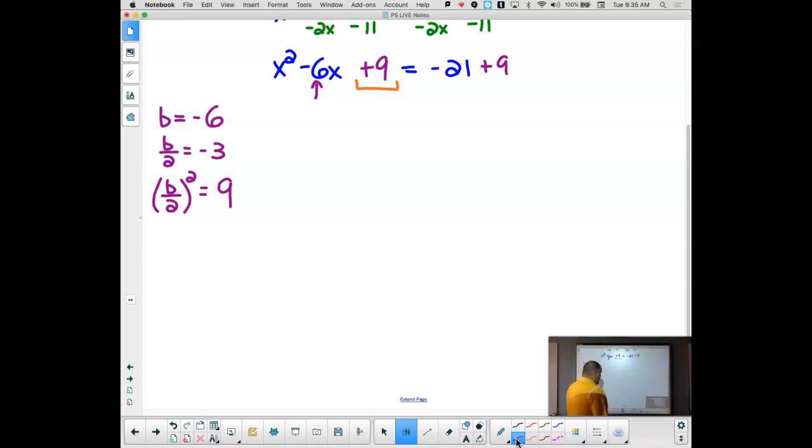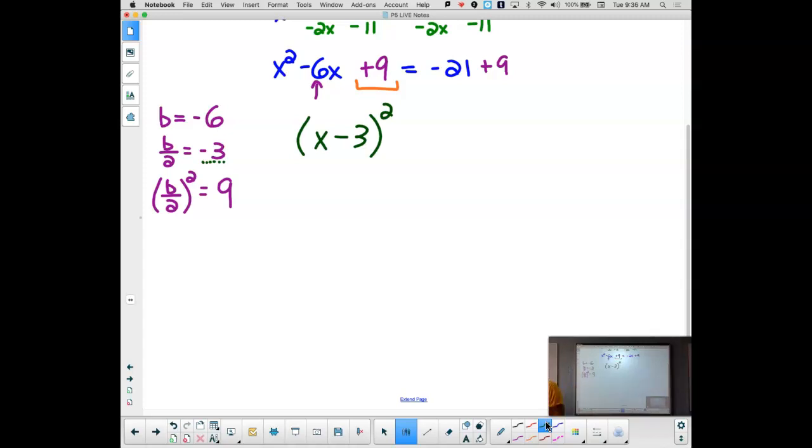With that being said, now on the left side, this is a perfect square trinomial, and it actually is x minus 3 quantity squared. One thing that you might notice is that that minus 3 comes from right here, that b divided by 2.